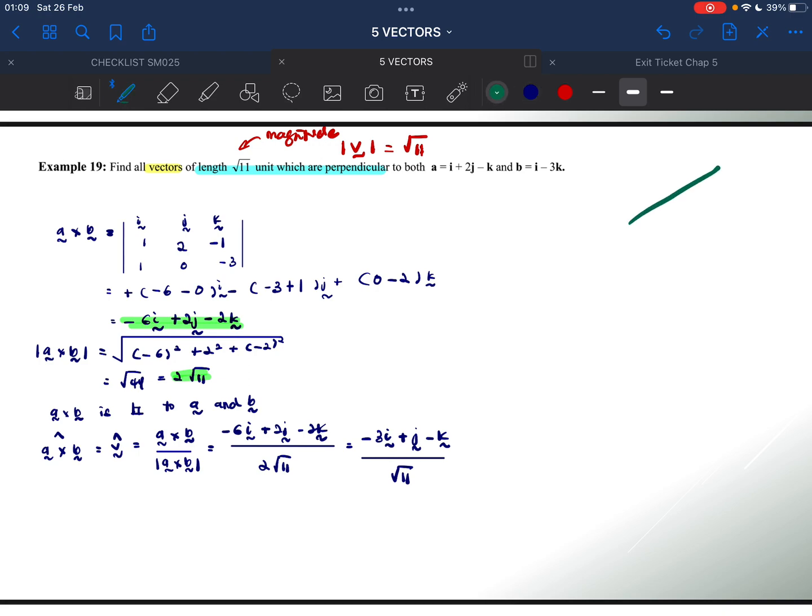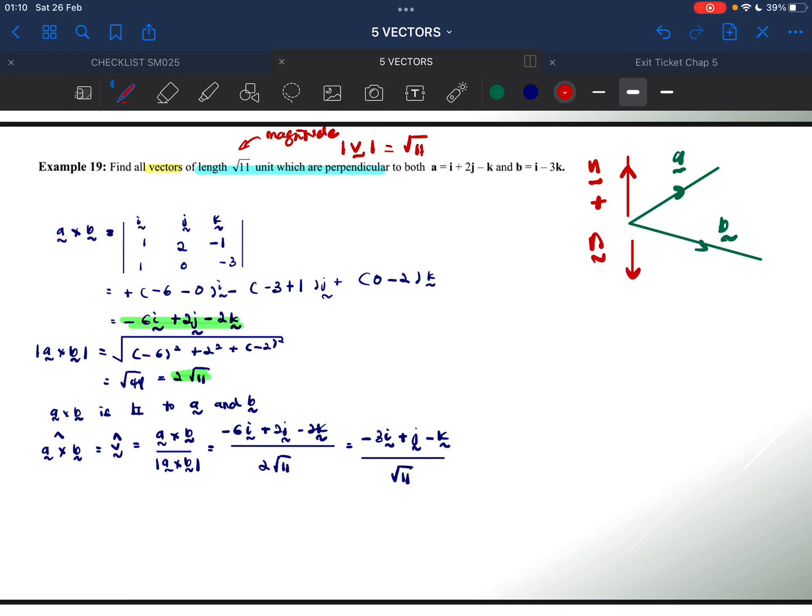Let's say this is your vector A, and this is your vector B. If we cross these two vectors, you should get a perpendicular vector up here, which is your normal. As I explained in the previous video, it can be positive and also negative.